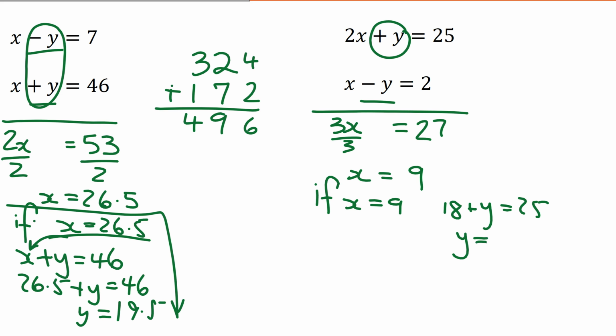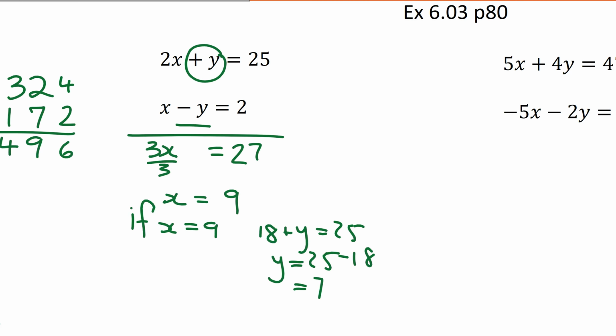So y should be 25 minus 18, which is 7. Okay? You could have done the bottom one, eh? 9 minus what is 2? y is 7. Does that make sense? Does that seem pretty easy? Okay, they do get a little bit harder.